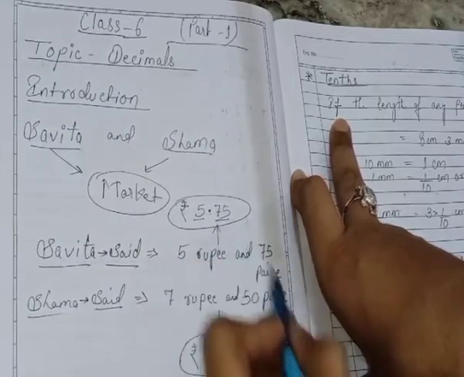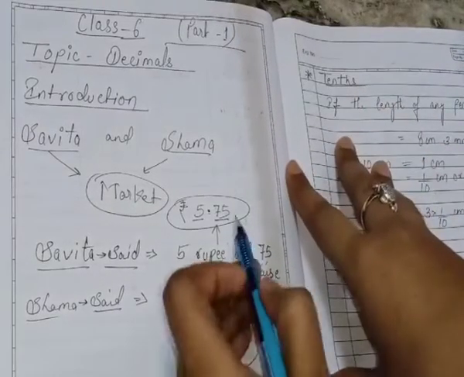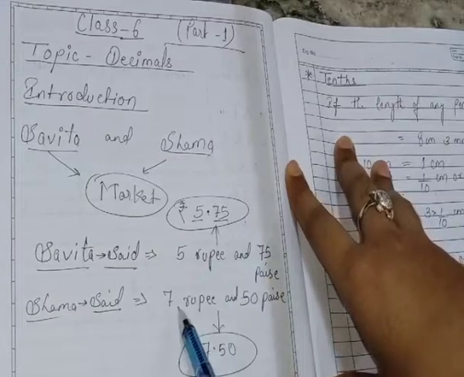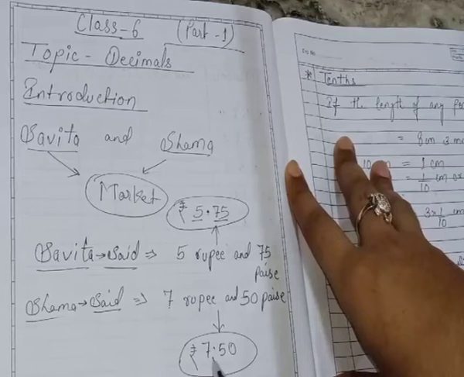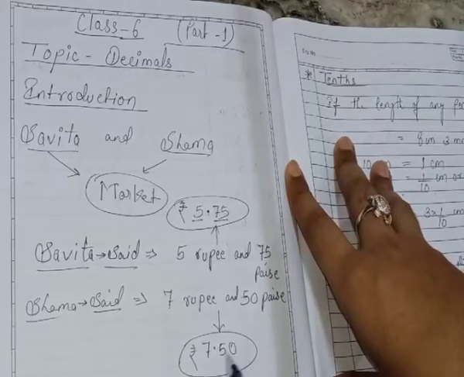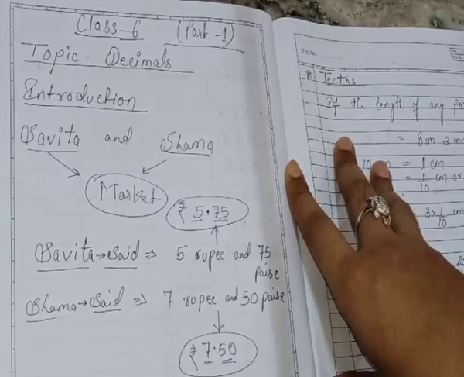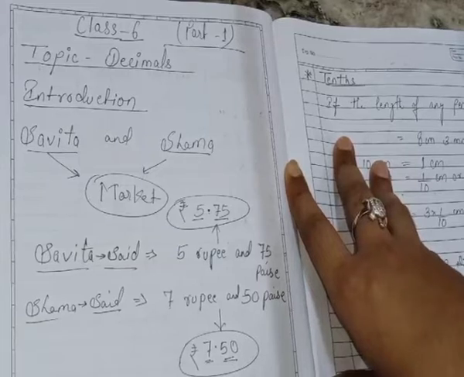The value after the decimal is the smaller unit, that is paise. Like 7 rupees and 50 paise, we can write as 7.50. So if I want to represent this value in decimal, I will represent it like this.